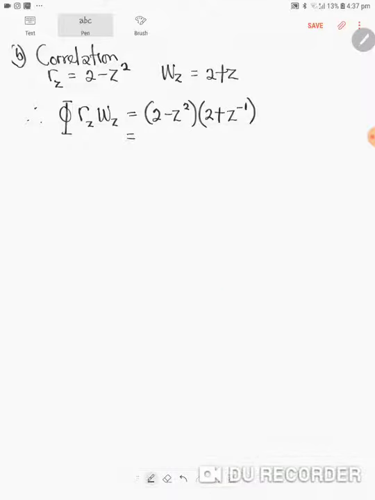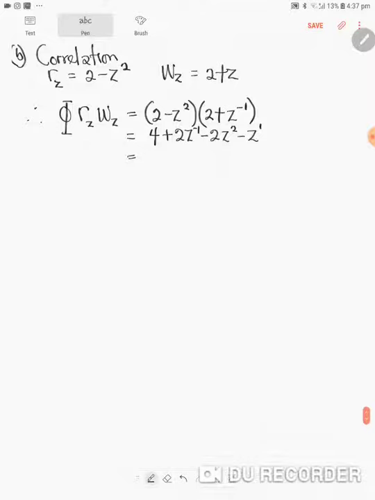So when we open this bracket, 2 times 2, you have 4 plus 2Z raised to power -1 minus 2Z squared minus Z raised to power 2 minus 1, 1.